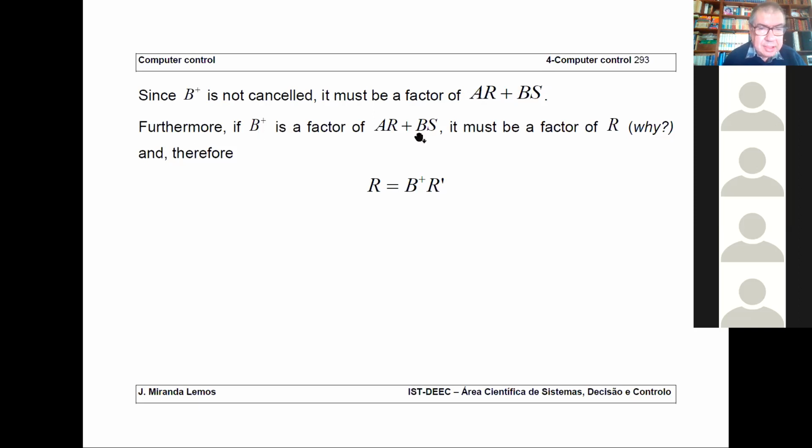B plus is a factor of B because B is B plus times B minus. Now here, you know that this is cancelled, so it must be a factor of either A or R, but it must be a factor of R. You understand why?